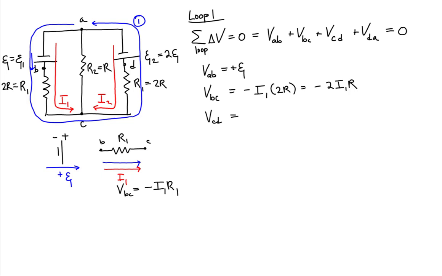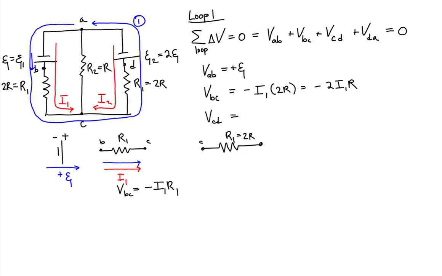Well, in looking from C to D, notice how we go across another resistor. Now this resistor has the same resistance as the resistor that's attached to battery 1. So it is R1. And we said R1 is equal to 2R.